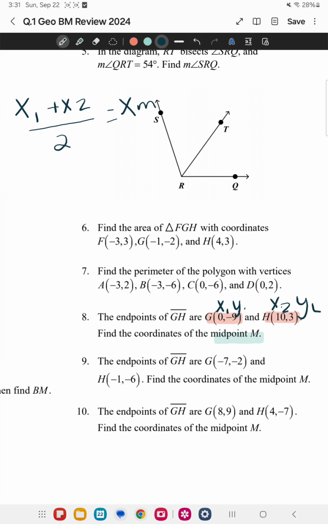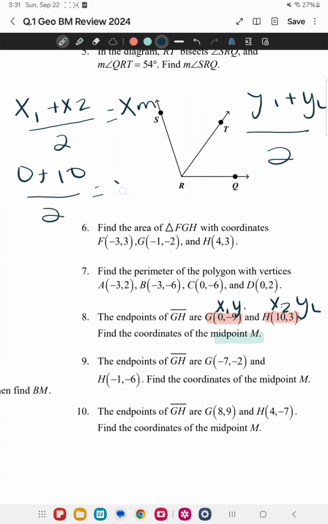Okay, so I'm going to put these into my formula. We do the same thing with x's as we do y's. So we have y sub 1 plus y sub 2 divided by 2, and that's going to give me my y midpoint. So I get 0 plus 10 divided by 2 equals 5. So my first point in this midpoint is 5.